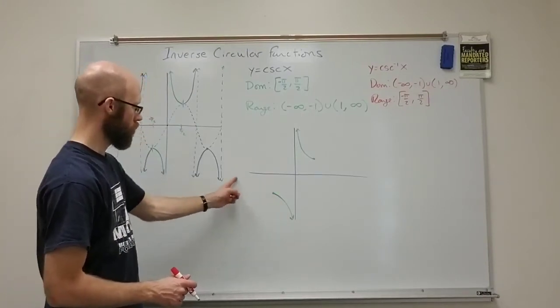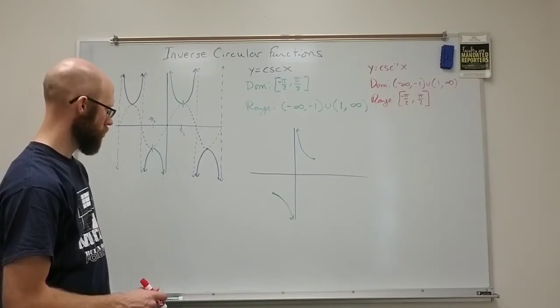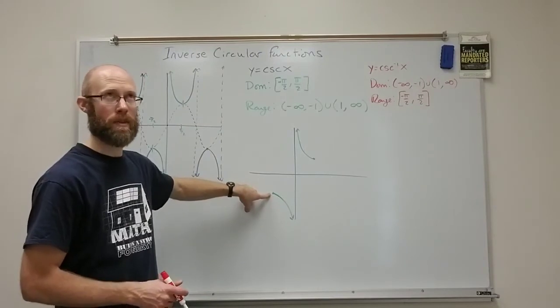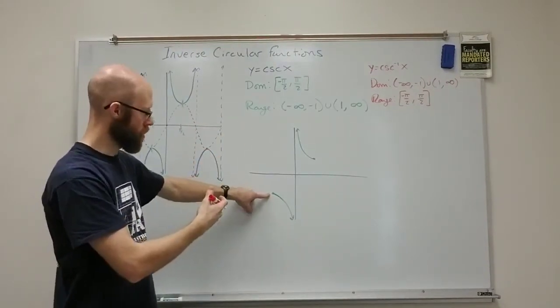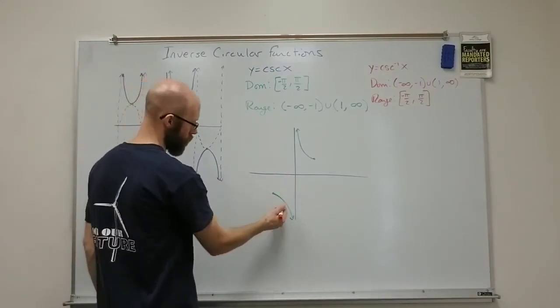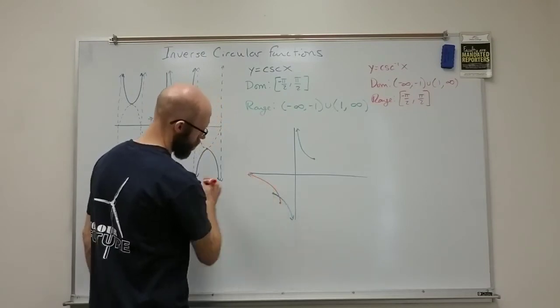Does it start here and go up, or does it start here? I'm not certain of that. Let's see, okay, I can figure that out. So this is at negative pi over 2, right? So negative pi over 2, which is negative 1.5, roughly. If I want to switch those, it would be negative 1, comma negative 1.5. So it will be down, they will cross, and then go that way.